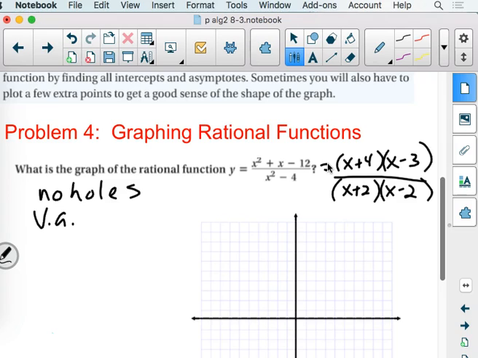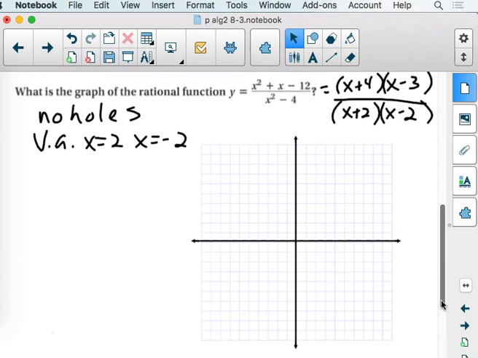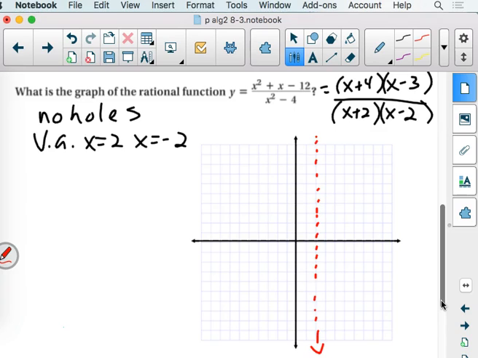So what are our zeros for the denominator? Actually, I usually stop right there and start graphing this stuff because I don't want to forget any of it. So x equals 2 and x equals negative 2. Remember, it gets its name from which axis it karate chops. This is karate chopping the x-axis.